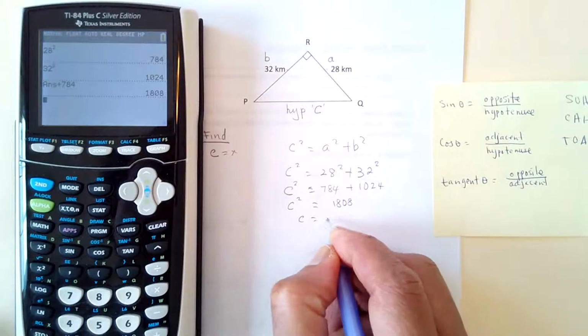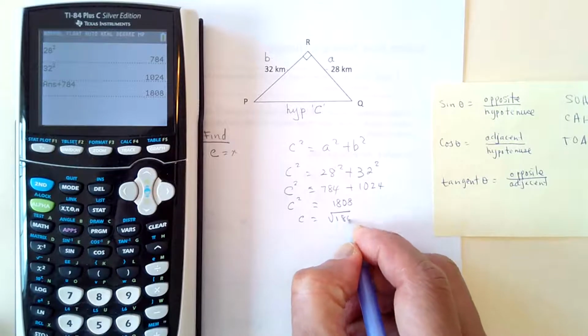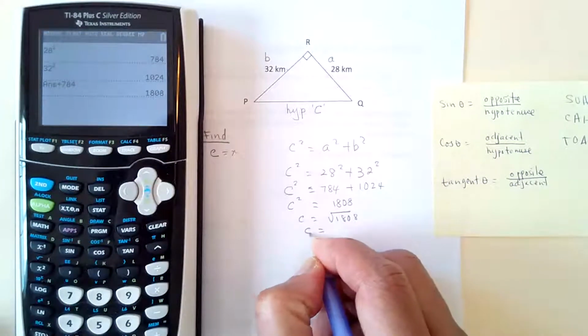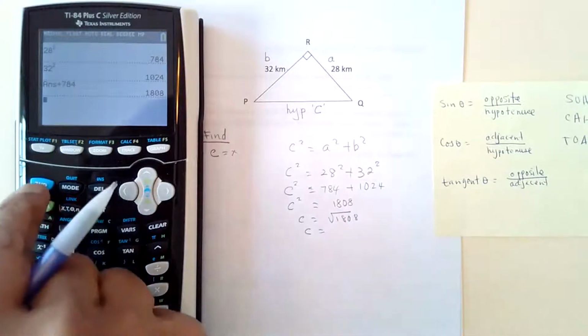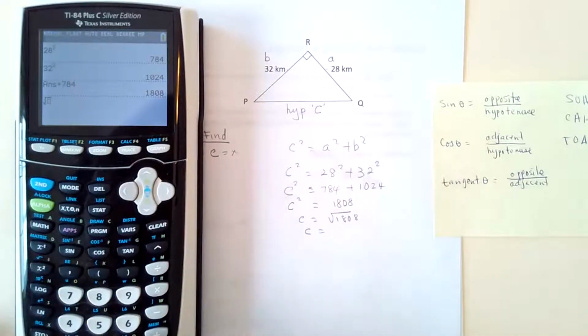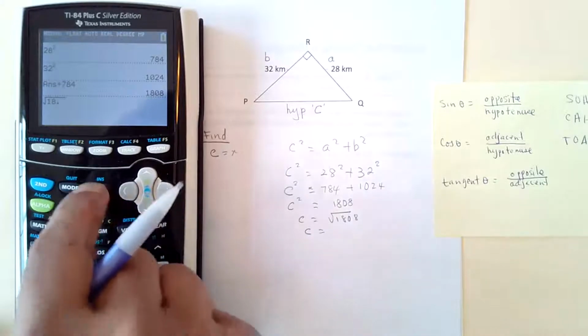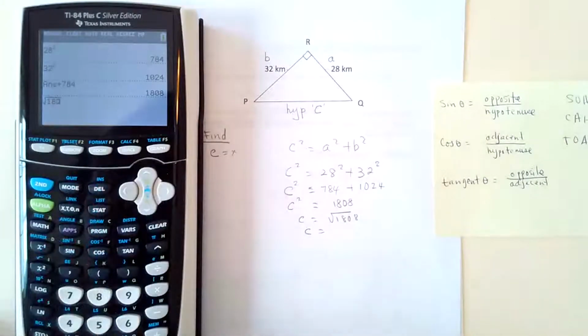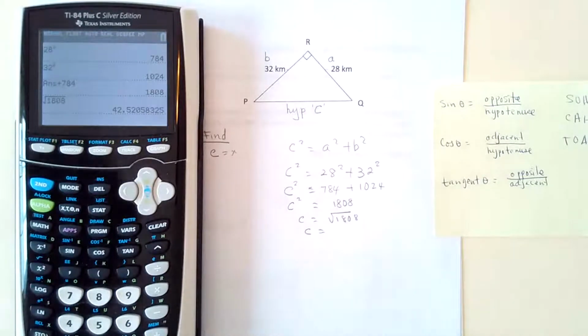So C is equal to the square root of 1808. Finding the square root of 1808 gives me 42.52 kilometers.